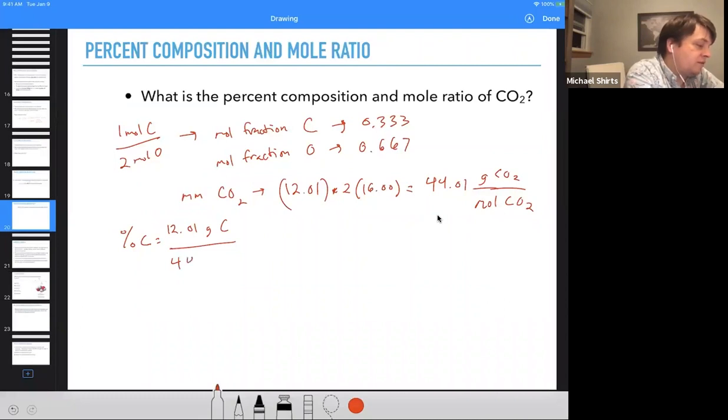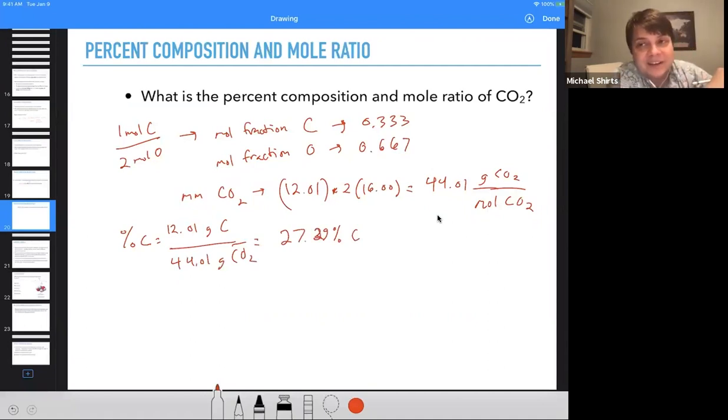So we have 44.01 grams of CO2 in 1 mole of CO2, and that gives us 27.29% C. What's the number of significant digits? It's only limited by the number of significant digits in the molar mass of each element.